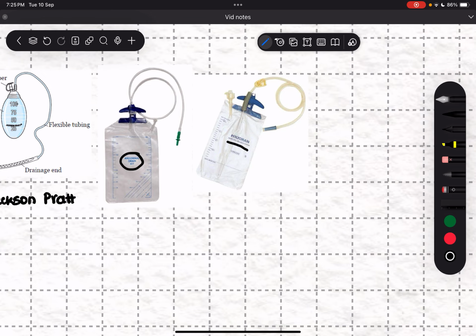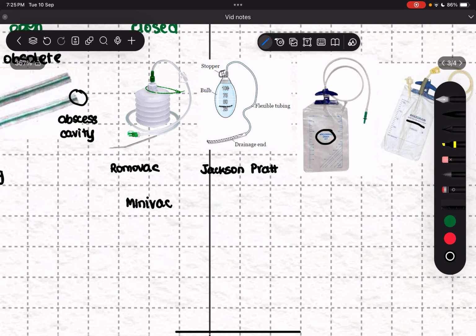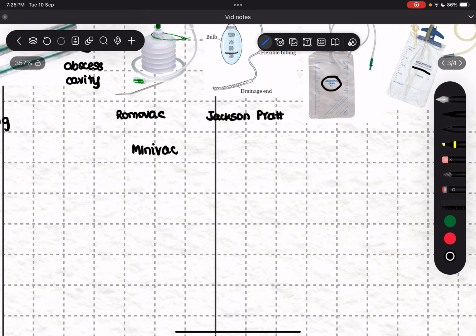Now all these are closed type of drains, which means that the collections get collected into a container. Now this has got negative pressure, because this would produce a suction force which pulls the materials inside. So it has got negative pressure.